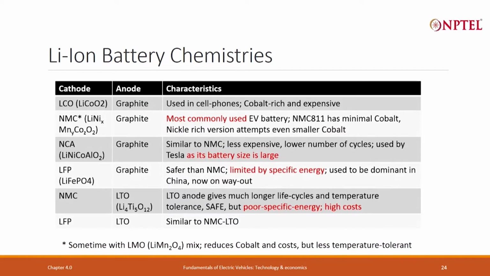As for lithium ion battery chemistry itself, there are a large number of lithium ion battery chemistries. It has been evolving. There are at least 6 major chemistries. The battery called LCO, lithium cobalt oxide, is the main battery today which is used in cell phones.